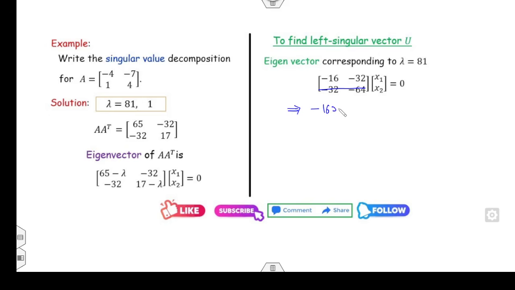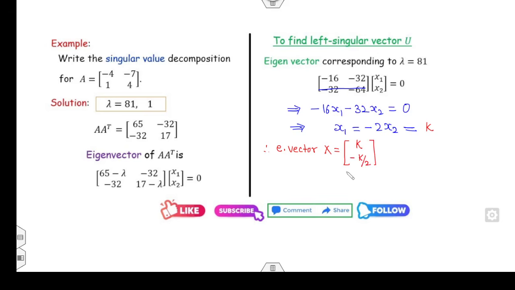It's a minus 16x1 minus 32x2 is equal to 0. तो यहाँ से x1 की वैल्यू कितनी आ गई? x1 will be minus of 2x2. Fine. And I call this number to be my k. Is it okay? So therefore, the eigenvector is x1 equals k, x2 will be, यहाँ से x2 निकाल लो, it is minus k over 2.